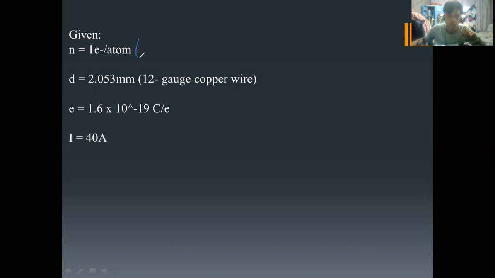So, para convert yan, mumultiply natin tong 1 electron per atom sa 6.02 times 10 raised to 23 atoms over 1 mole.